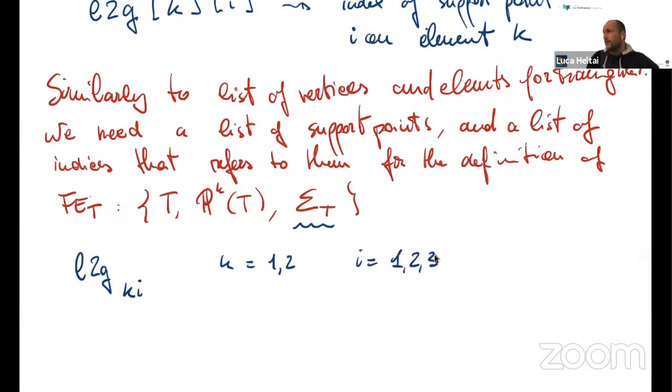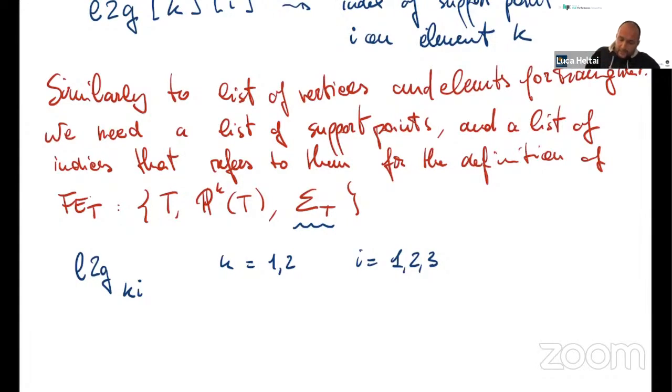This may be different only if you have a mixed triangulation, so the second index can be different from 3. It can go to 4 or 5 according to the number of support points in each element.